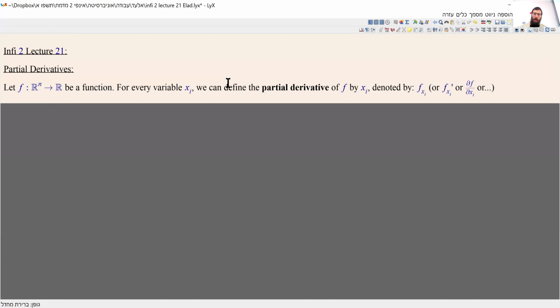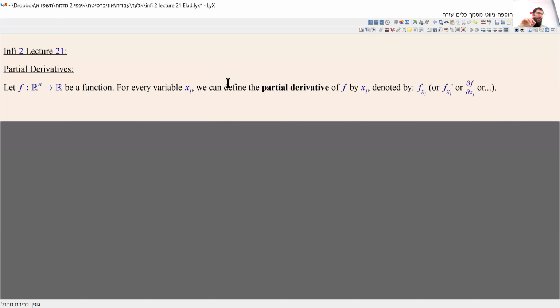Before we look at the very definition of partial derivative, I want to tell you how we actually compute these partial derivatives, using the rules of differentiability we already know from functions of one variable.